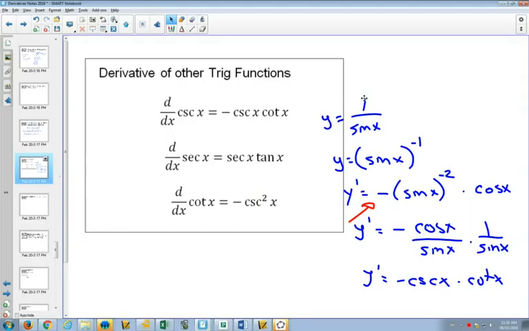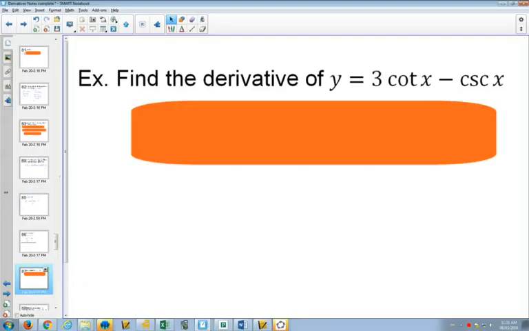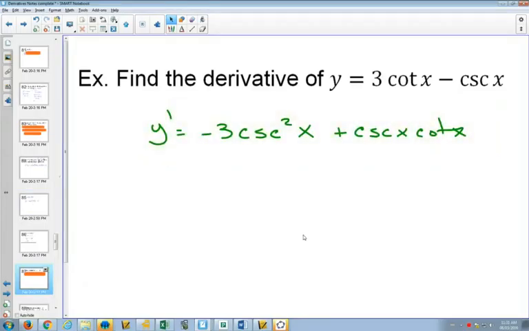I seem to always go back to just figuring it out again using sine, cos, and tan, because I find that easier than memorizing something I don't use very often and then forgetting it. So anytime I want to find it, I can always go back to my formulas. So using those formulas, try this one. And when you're done, you can check it up there to see if you got it right.